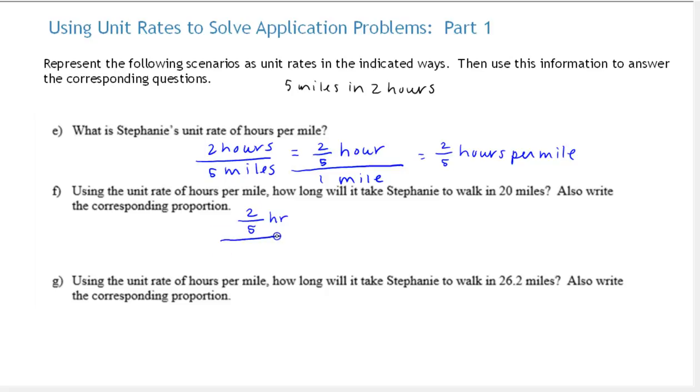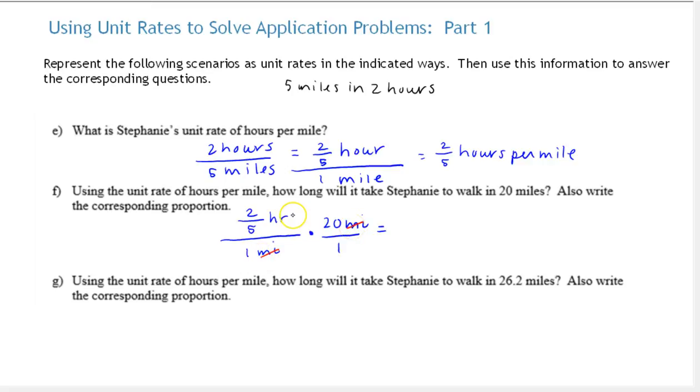But let's set this up like we did before. 2/5 hour to 1 mile, multiplied by 20 miles. We can think of this as being over 1. Okay. Now notice, I'm checking to make sure this is set up correctly. The miles, we have a numerator and a denominator, so they cancel.